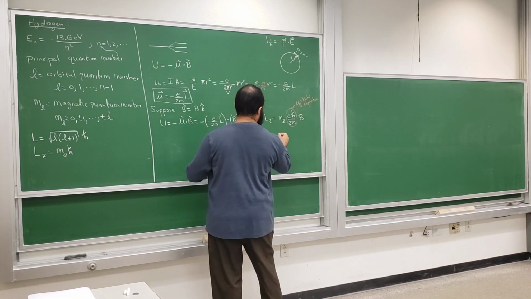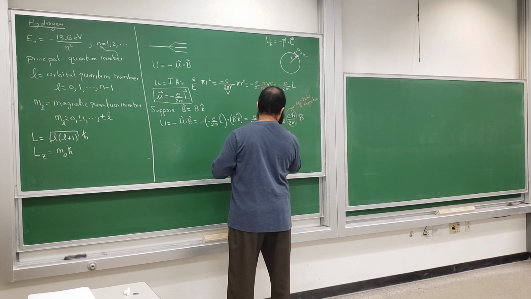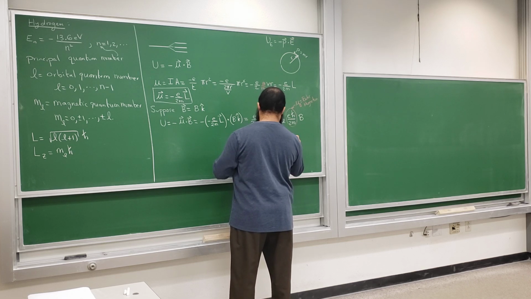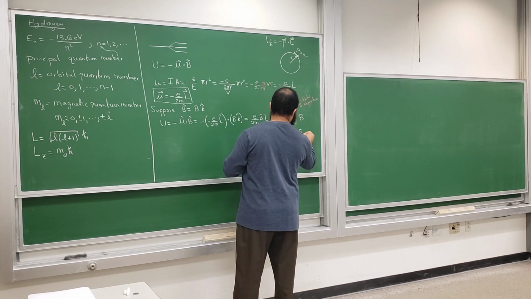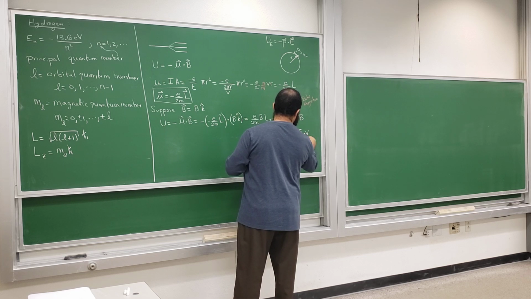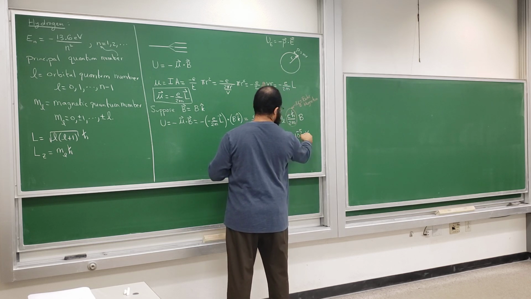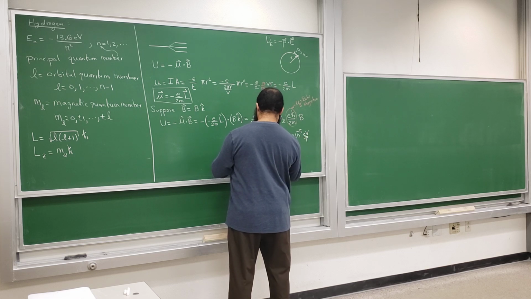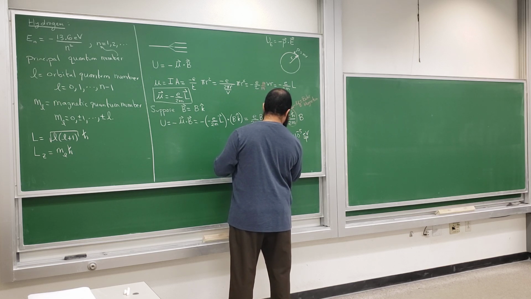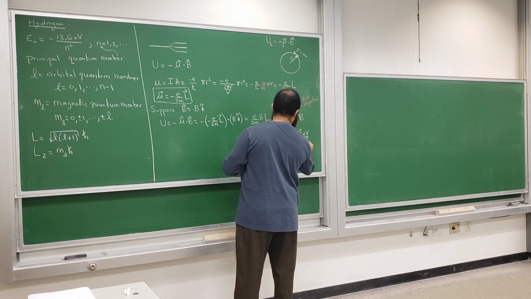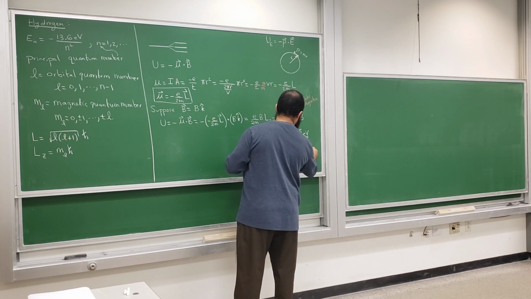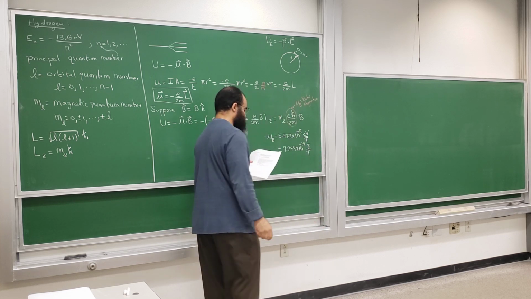Approximately it is 5.788 times 10 to the minus 5 eV per Tesla, or in joules per Tesla, it's going to be 9.274 times 10 to the minus 24 joules per Tesla, or ampere square meters.